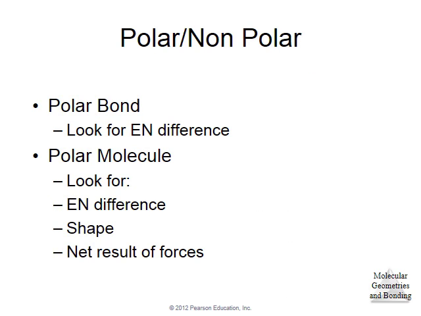Now we are going to talk about polar bond and polarity of molecule. How do I determine a polar bond? If there is an electronegativity difference between two bonded atoms, then that bond is going to be a polar bond. Let me show you a simple example of that.